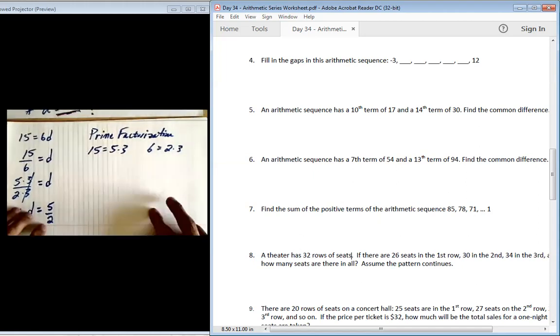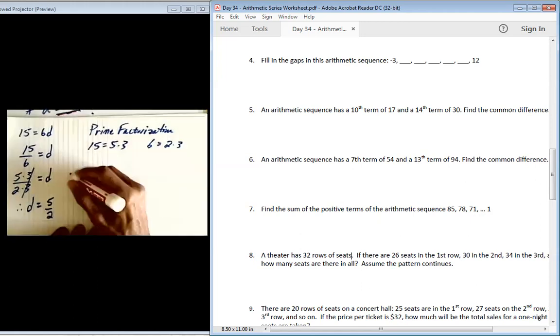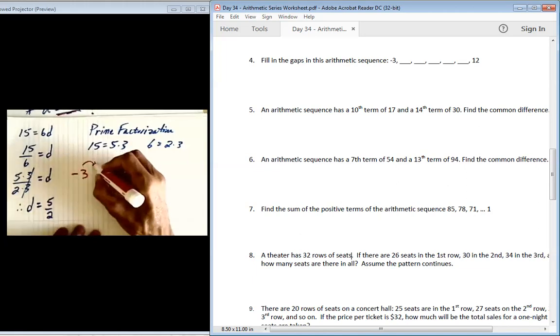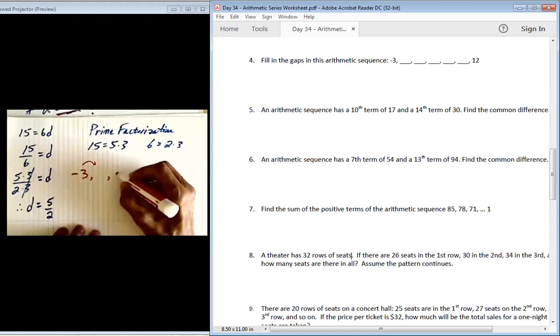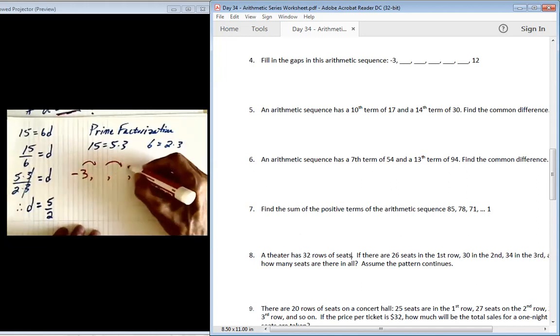Okay, so now then, once we have what D is, it's possible now to jump from one term to the other in order to figure out the missing numbers in this sequence.